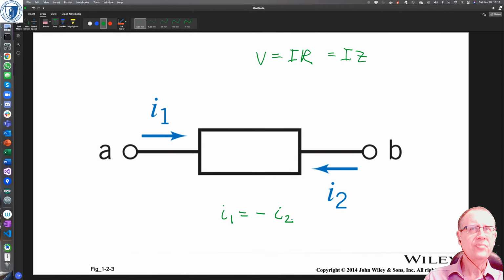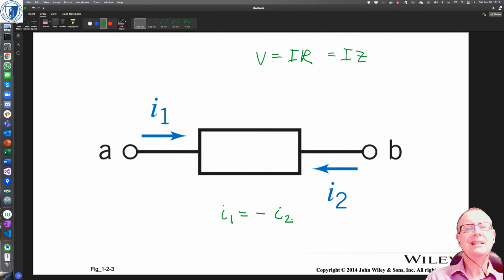So there's an approach that we use that allows us to define what the, quote, right way to do it is. It's purely a convention. It's not a law or anything like that.